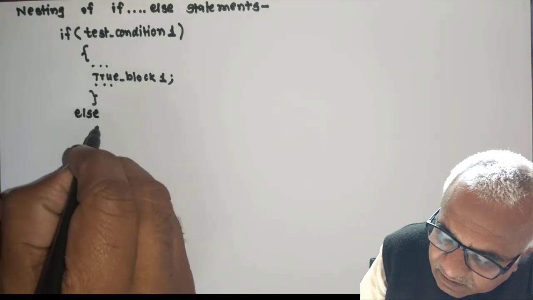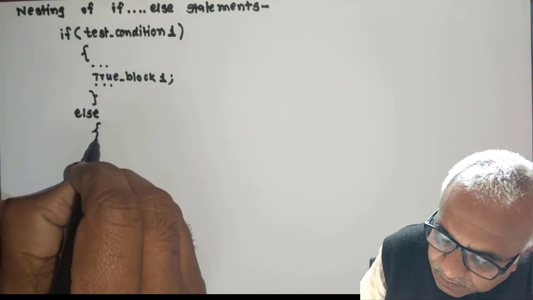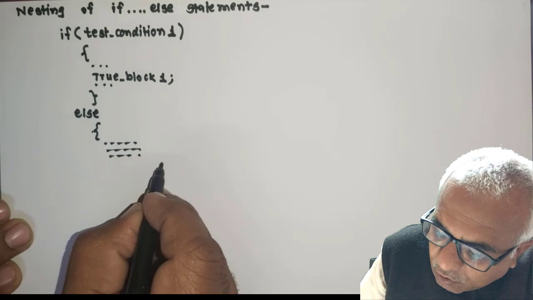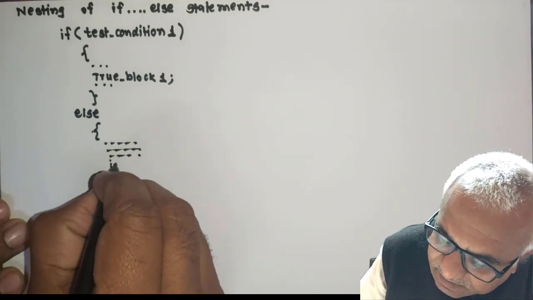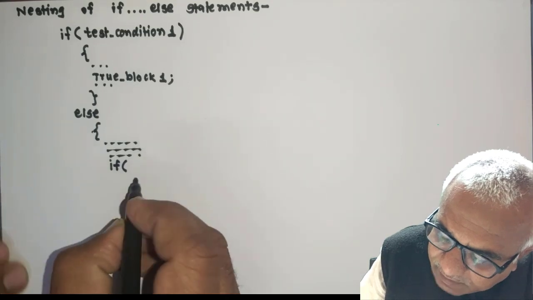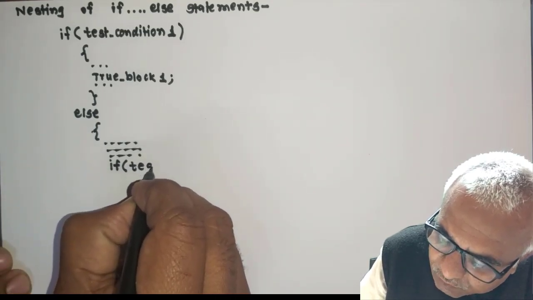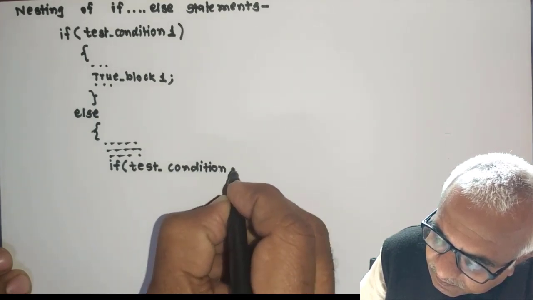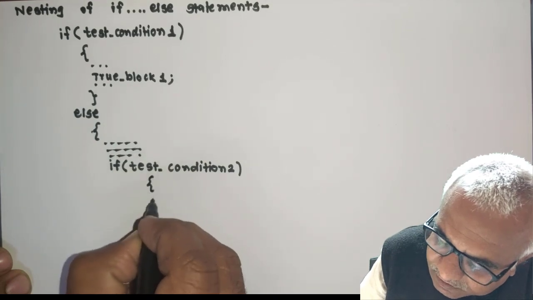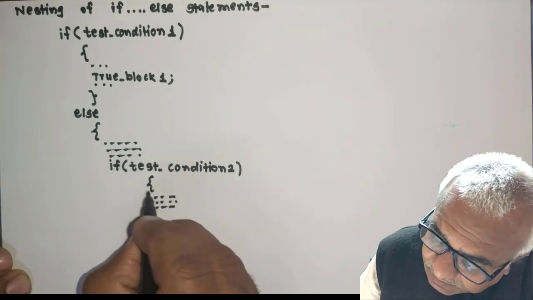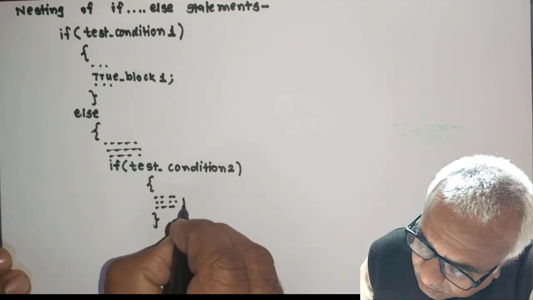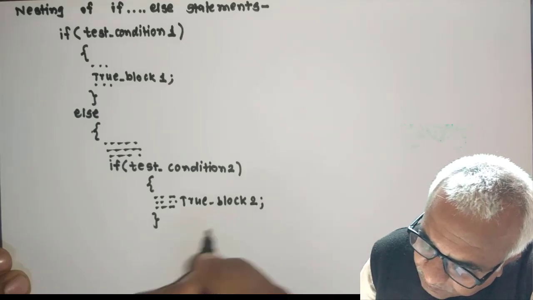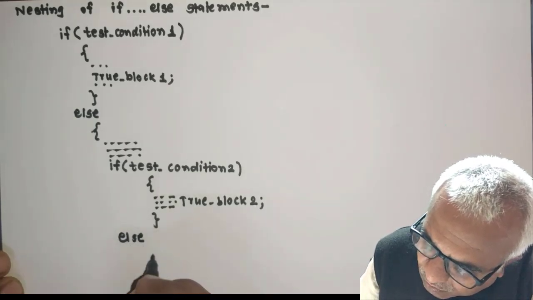Else, this is the false block of this if statement. Opening brace, there may be the false block statements, and in the false block statements there may be one more if statement. If test condition 2, this is the true block 2, and this is the false block of 2.